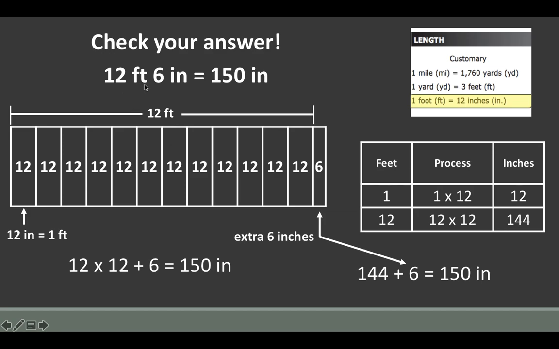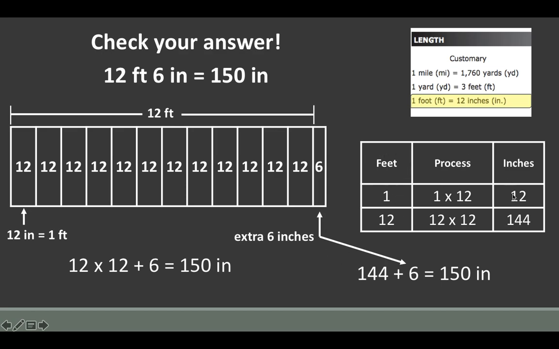They have 12 feet, 6 inches. So they did 12 feet, 1, 2, 3, 4, 5, 6, 7, 8, 9, 10, 11, 12. And then they add these 6 inches onto the side. And so we know that 1 foot equals 12 inches. So we have 12 times 12 plus that other 6.